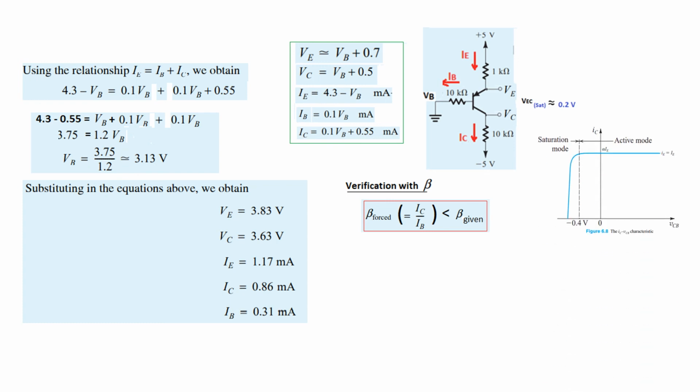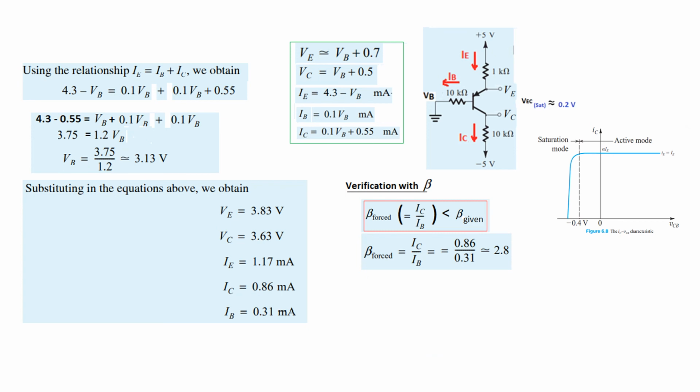My guess is that since we are operating in the saturation mode, this formula is actually not valid in the saturation mode. It is valid in active mode, but since we are forcing it to calculate in the saturation mode, therefore the name beta forced.